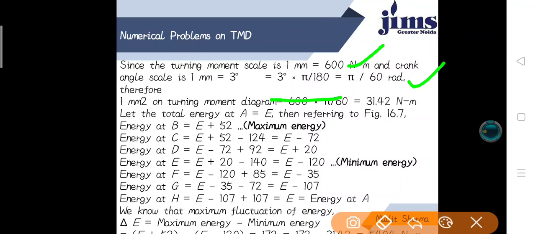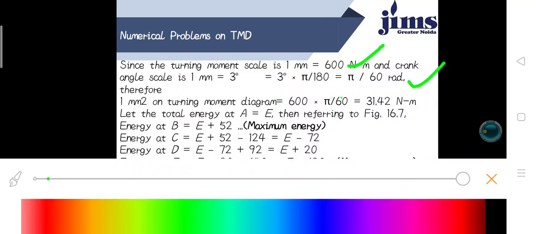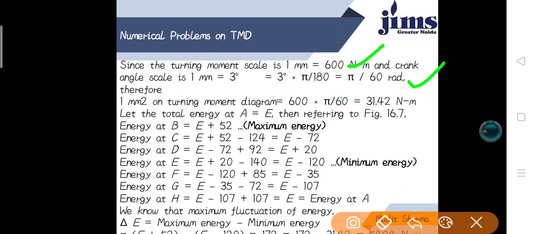Then 1 mm square equals 600 into pi upon 60, that is equal to 31.42 Newton meter.